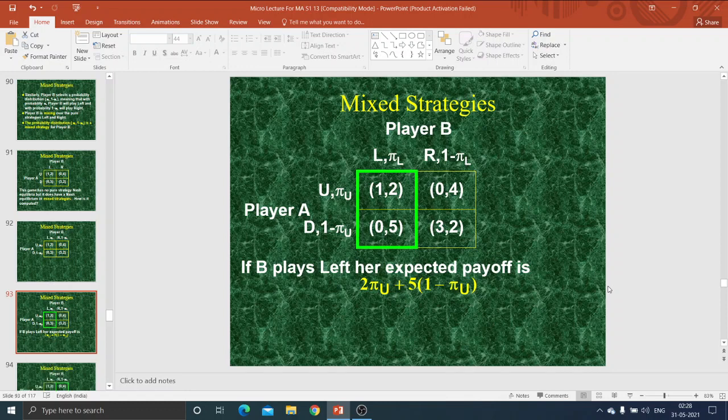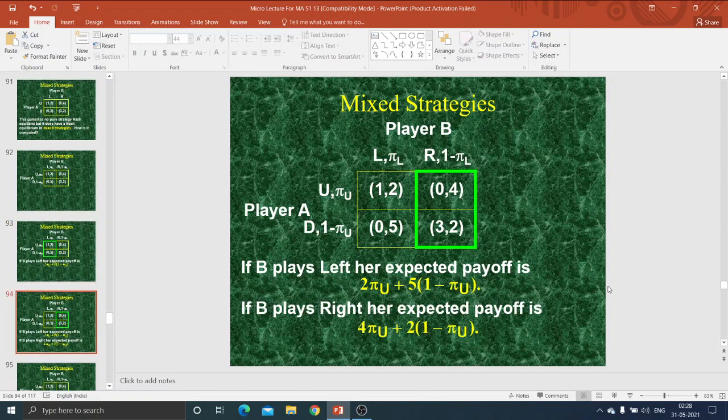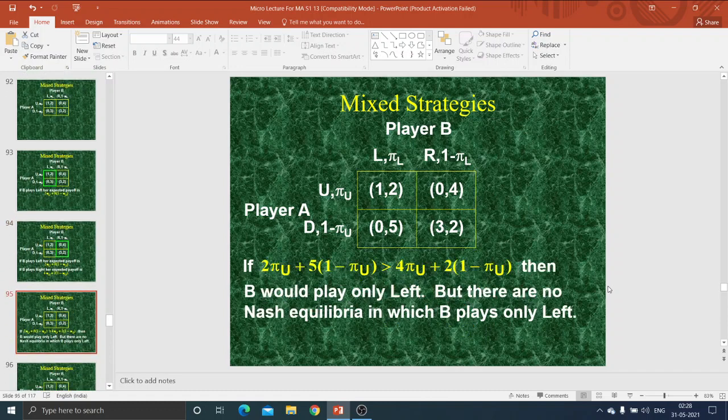Let's take this first one. If B plays left, her expected payoff is 2 pi u plus 5 times 1 minus pi u. Again, if B plays right, her expected payoff is 4 pi u plus 2 times 1 minus pi u. Now if 2 pi u plus 5 times 1 minus pi u is greater than 4 pi u plus 2 times 1 minus pi u, then B would play only left.